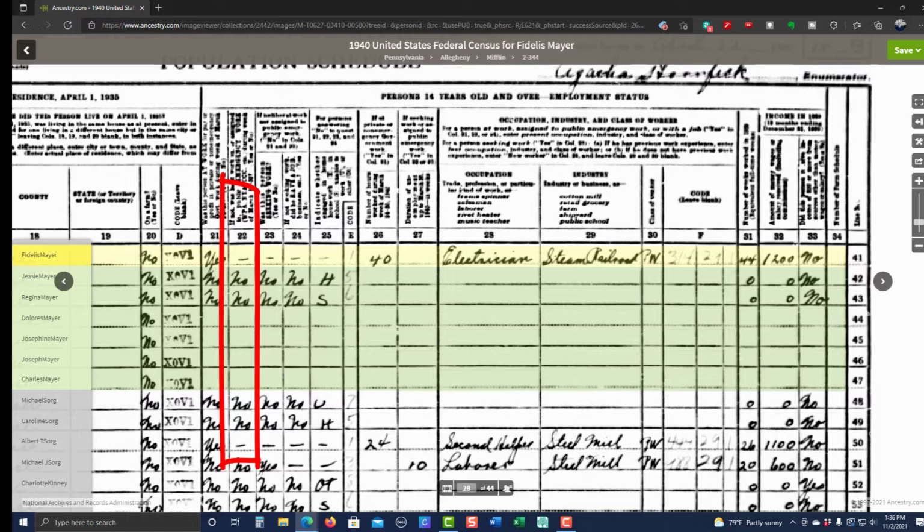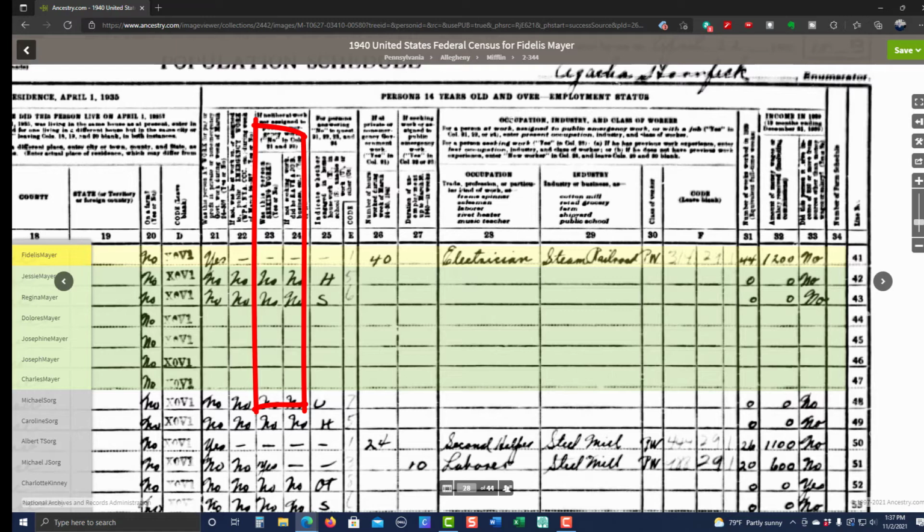It didn't apply to Fidelis Mayer, and the answer was no also for Michael Sorg, the head of the Sorg household. Column 23 and 24 were only if there was no for both columns 21 and 22. See, it gets a little complicated here. This is the most complicated I've seen in any census up to this point. But once again, I think they're asking more of these detailed work things because of the Great Depression.